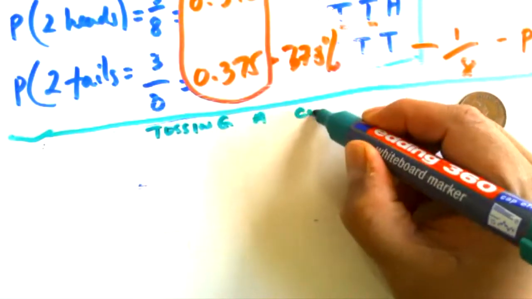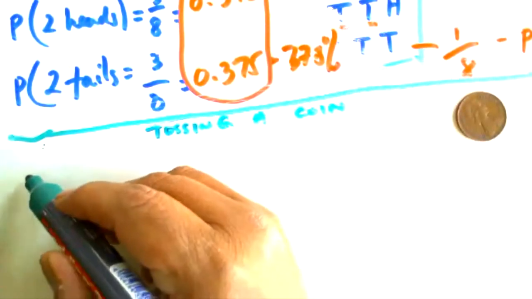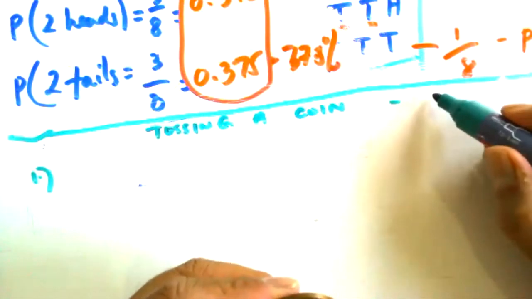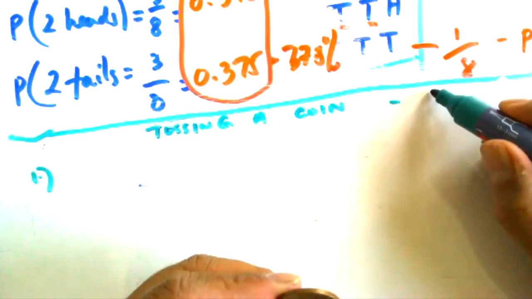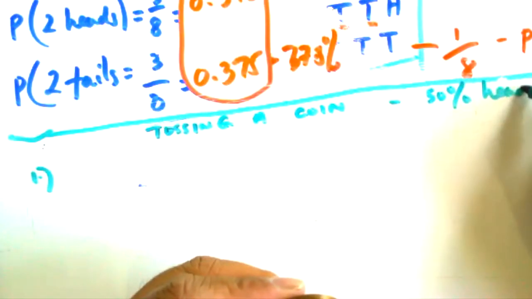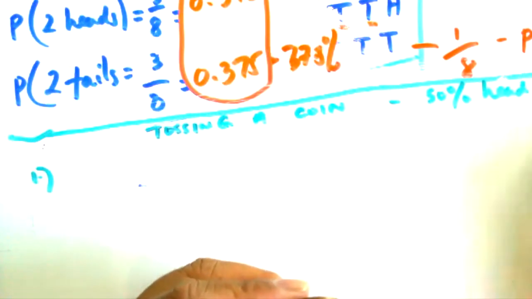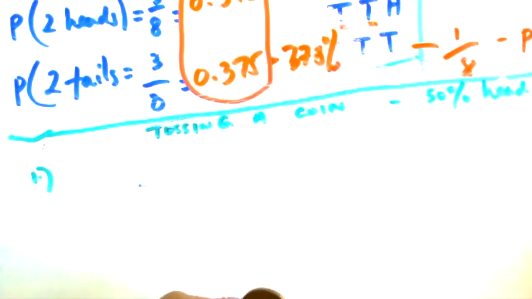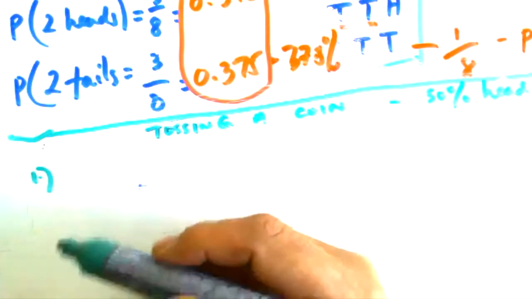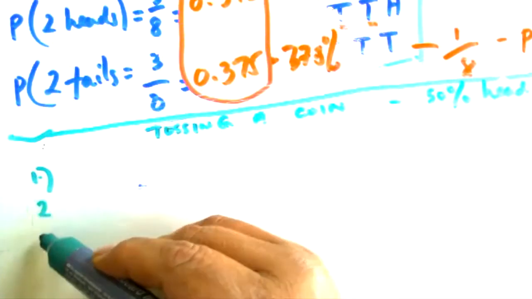And we know that the theory behind it is it should be 50% heads and 50% tails. But in reality, it might not happen this way. So what I'd like you to do is to toss this maybe 25 times.